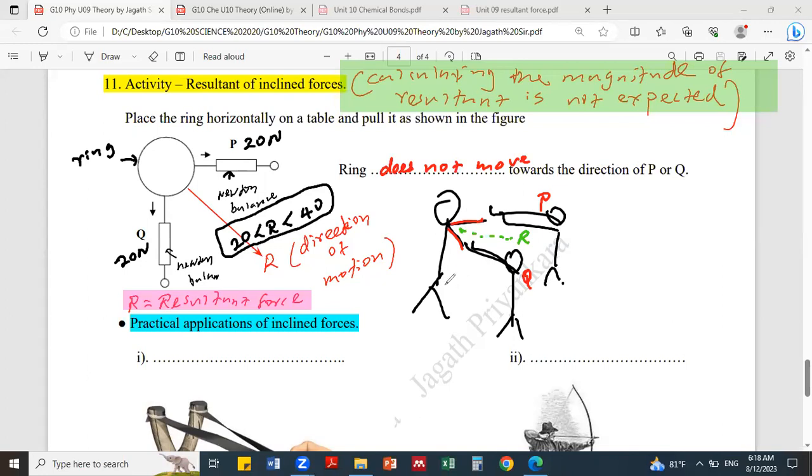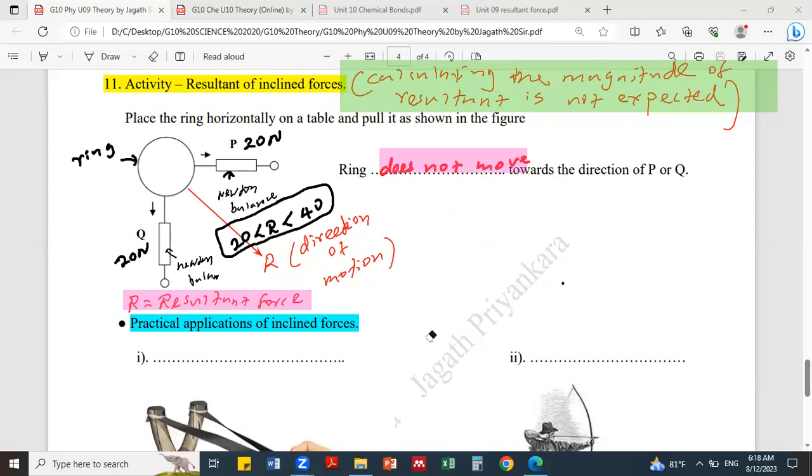Ring does not move towards the direction of P or Q. Instead, it moves between P and Q. You can write here, the ring moves in the direction between P and Q.